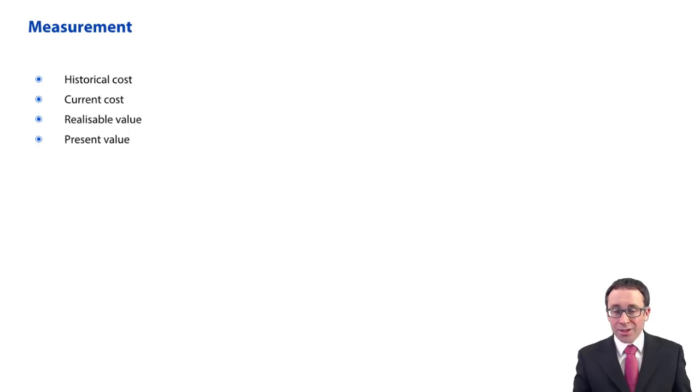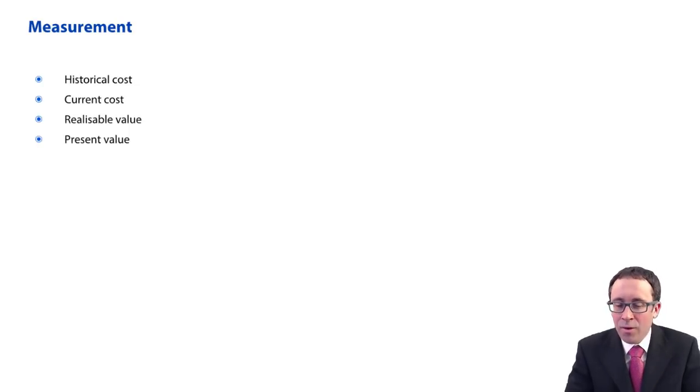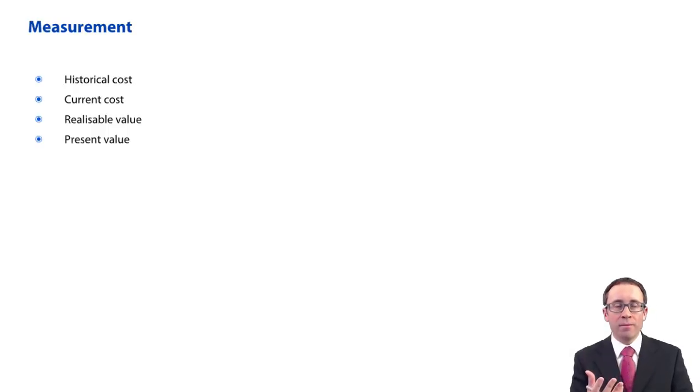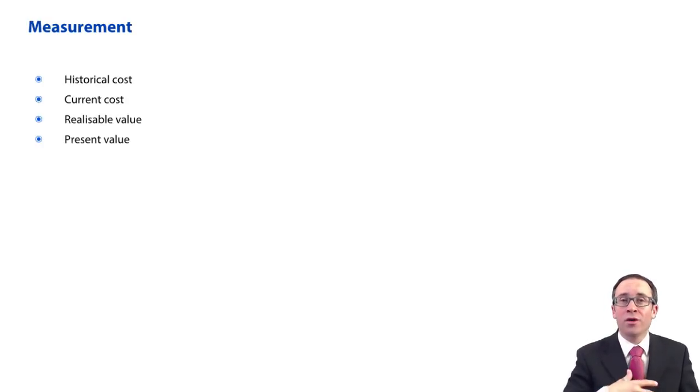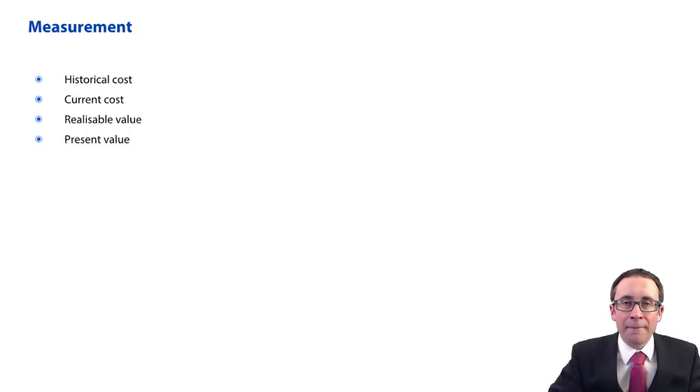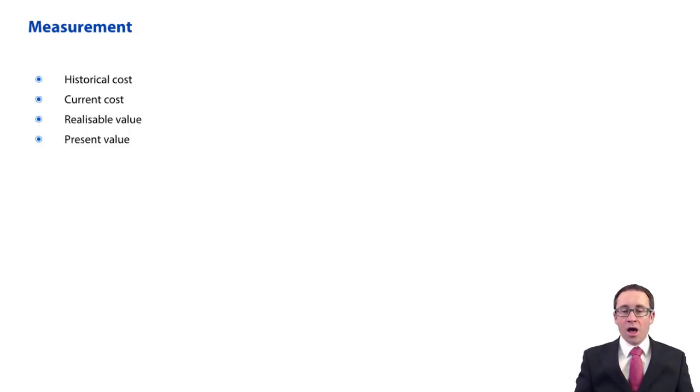Okay. And some of them, most of them, you've dealt with before. If we think about property, plant and equipment, you capitalize it at cost, and then you depreciate it. So that is an example of your historic cost, because you bought it historically at whatever it cost, and then you decide to depreciate it over its useful life down to its residual value. Maybe we can look at your current cost.